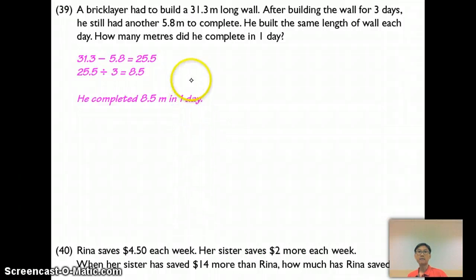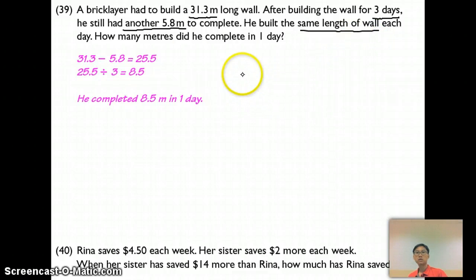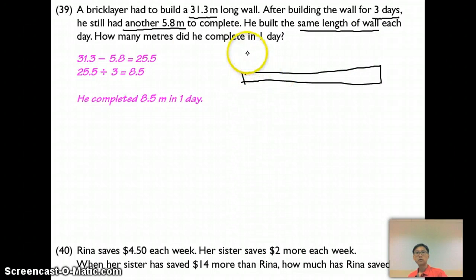Question 39. This bricklayer built a 31.3 meter long wall. Now he built the wall for 3 days. He still had another 5.8 meter to complete. Now he built the same length of wall each day. So if you imagine this to be the wall, and the length is 31.3.